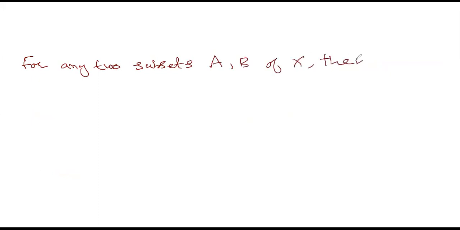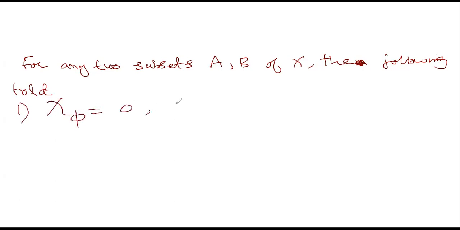For any two subsets A, B of X, the following hold. First one: the characteristic function of the empty set is 0 and the characteristic function of the whole space is equal to 1.